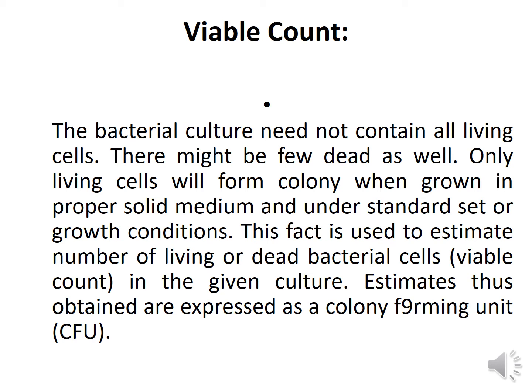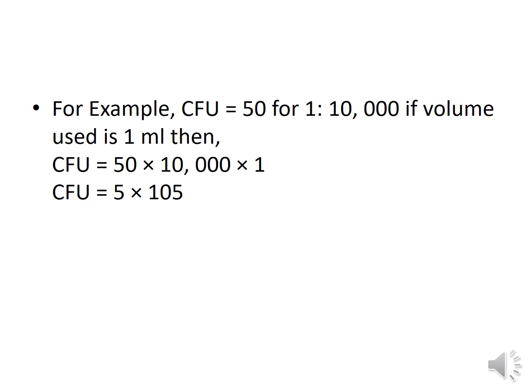The estimate thus obtained is expressed as colony forming unit, also called CFU. For example, CFU will be equal to 50 into 10,000 into 1, which means it will be equal to 5 into 10 to the power 5.